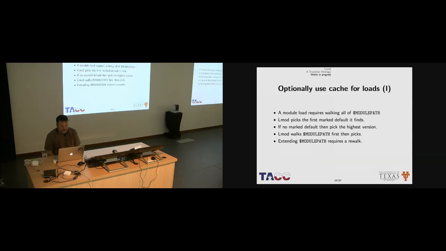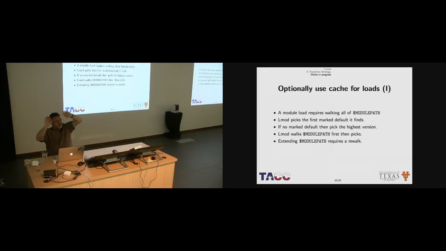One of the things I want to point out is that Lmod has rules about finding the module file it's going to use. It doesn't pick the first directory that contains it. It has to walk the entire tree to know where your version of the foo module is. So if foo is in 3 different module path entries, it has to know all the versions, because it finds the first marked default.